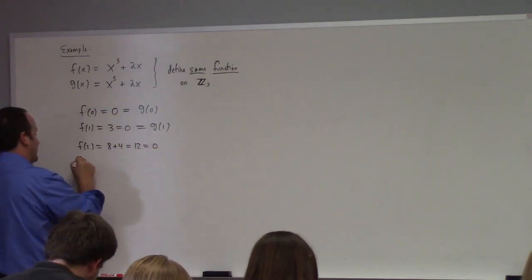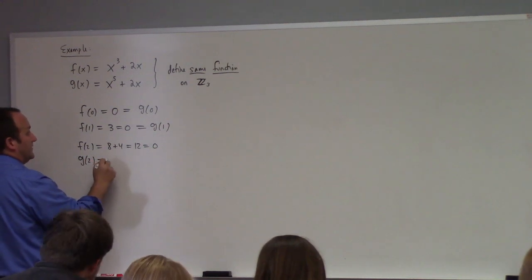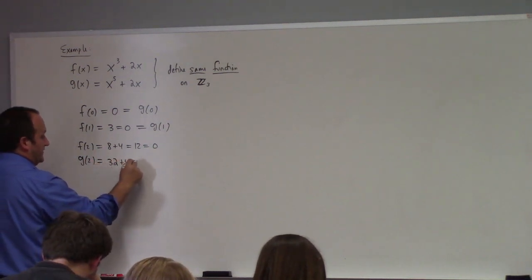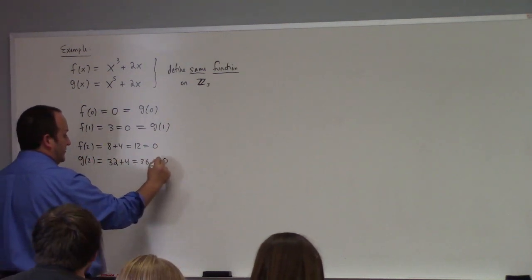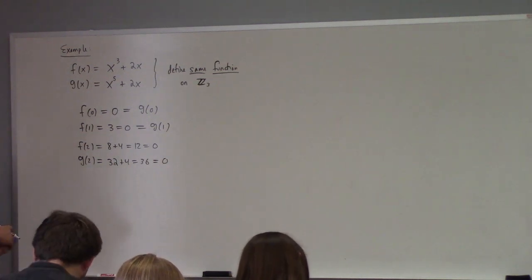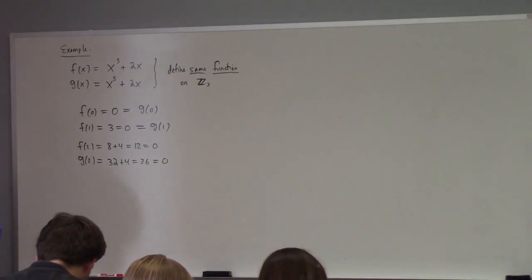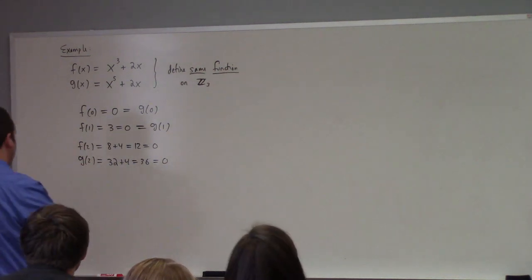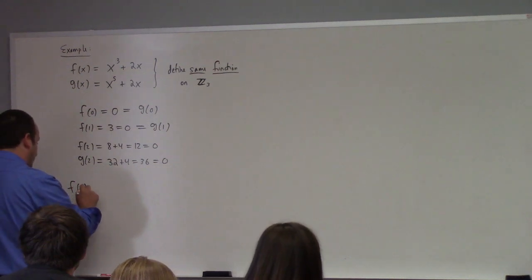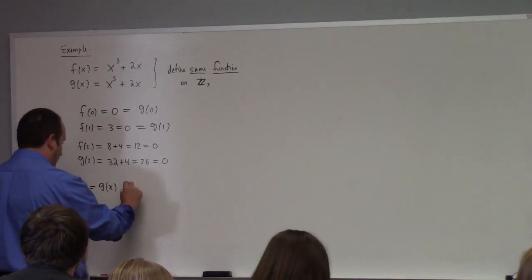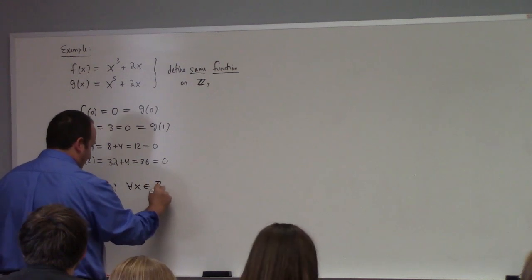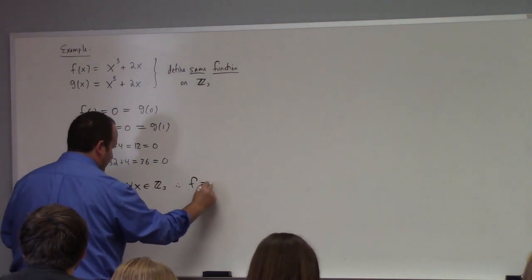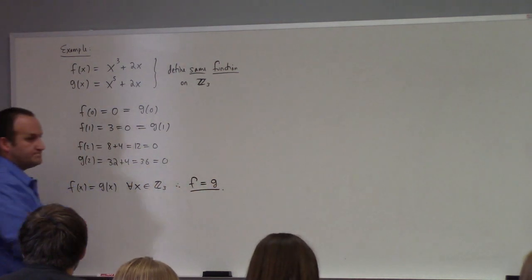And you can compare that to g of 2, which is equal to 32 plus 4, which is 36, which, by the way, is 0 in Z3. So as you can see, f of x and g of x are equal for each x in Z3, right? Therefore, f equals g, right?